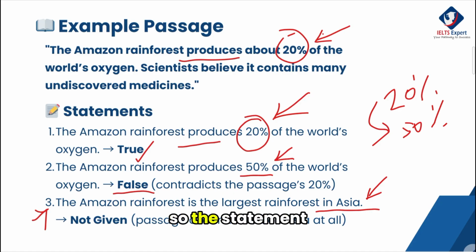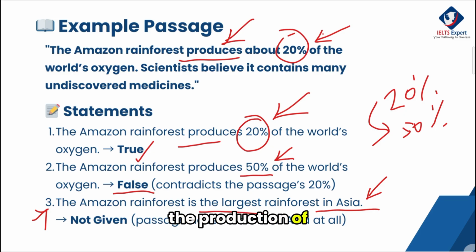The statement mentions the scale: this is the largest rainforest in Asia. The passage doesn't compare the Amazon rainforest with others in a particular region or in the world. It talks only about the production of the world's oxygen.